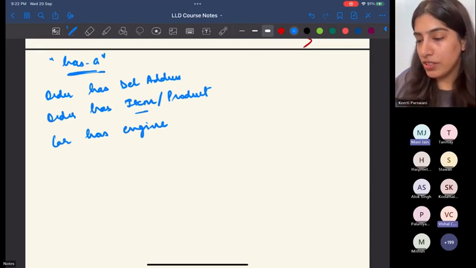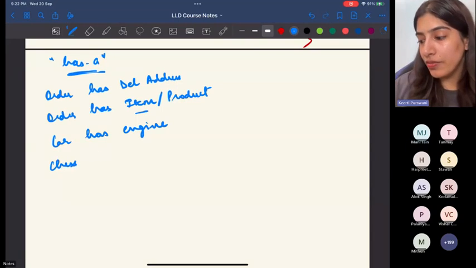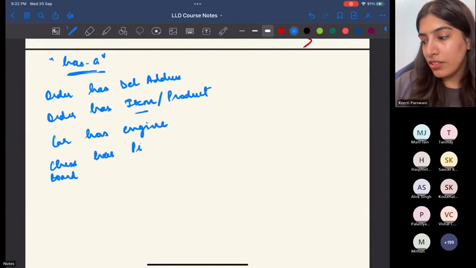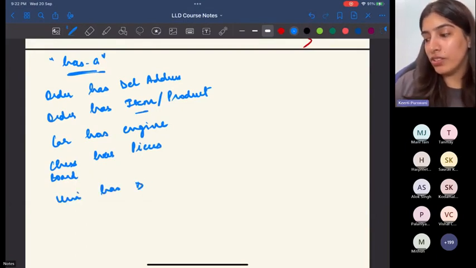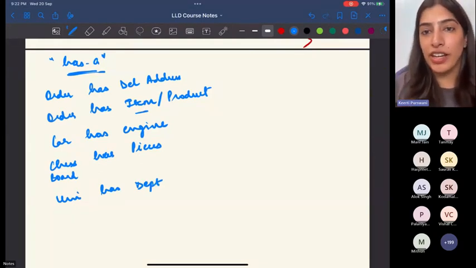I think that's covered. Chessboard has pieces. University has a department. Restaurant has a menu. Very good. Okay, so now I guess you are getting some sort of idea about it, right?